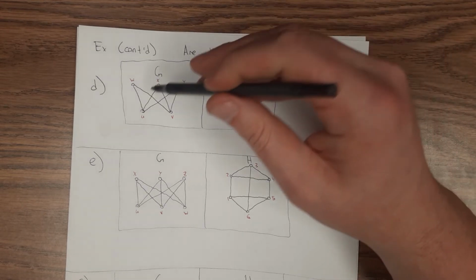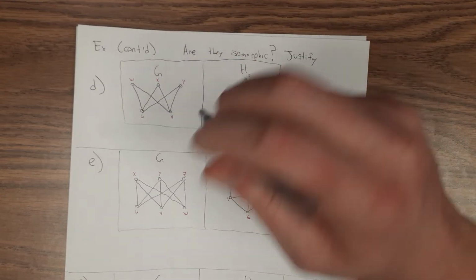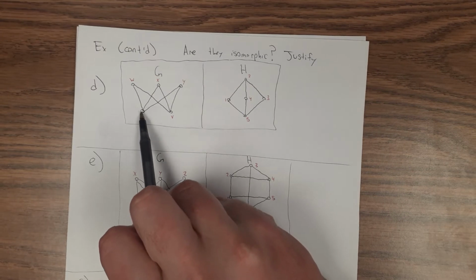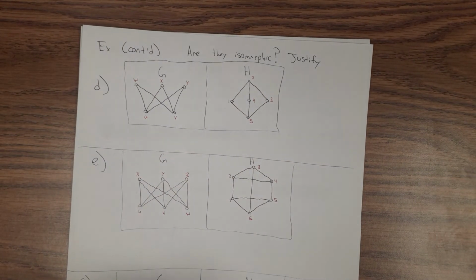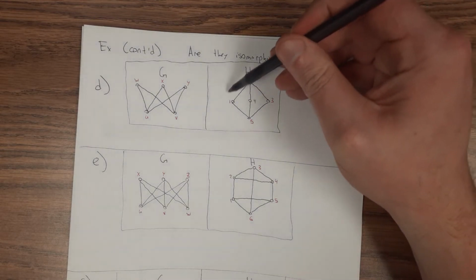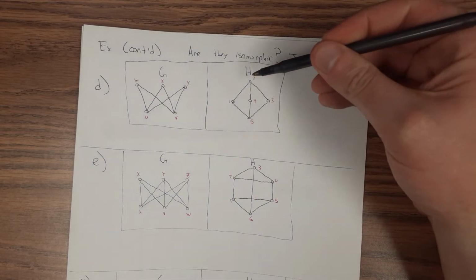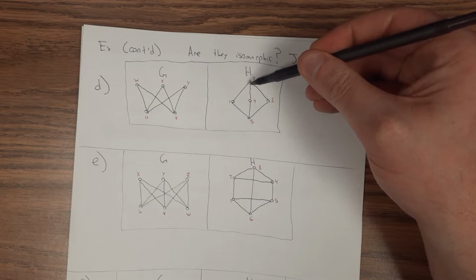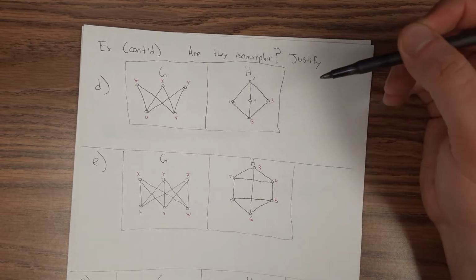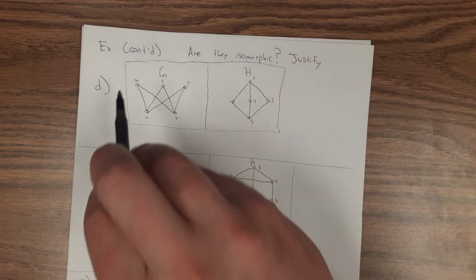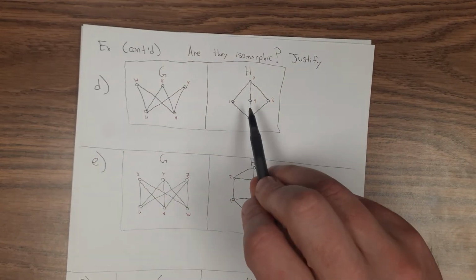The degree sequence here would be 3, 3, 2, 2, 2. And the degree sequence here would be, see, the largest one is 3. I've got another 3, and then 2, 2, 2. And those are the same. It was 3, 3, 2, 2, 2, and 3, 3, 2, 2, 2.